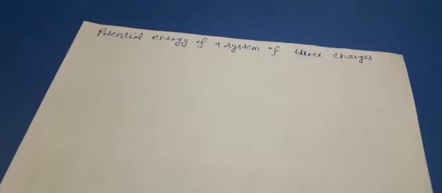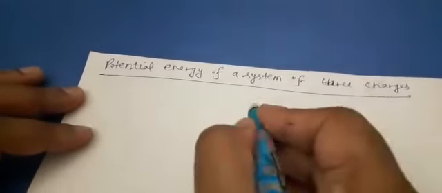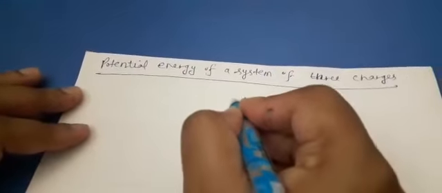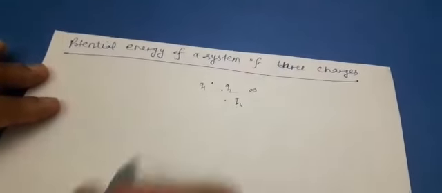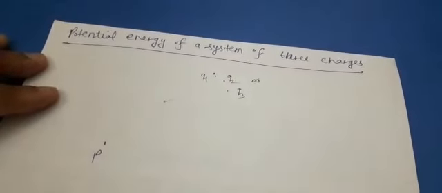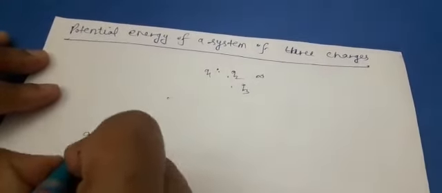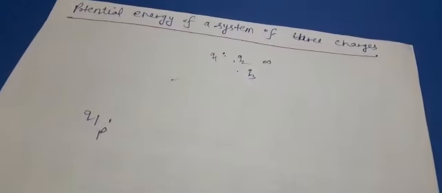Now, next we are taking potential energy of a system of three charges. Again, we will consider that Q1, Q2, Q3 are the charges located somewhere at infinite distance. Let initially Q1 be brought to point P. So it is entering a field free area.